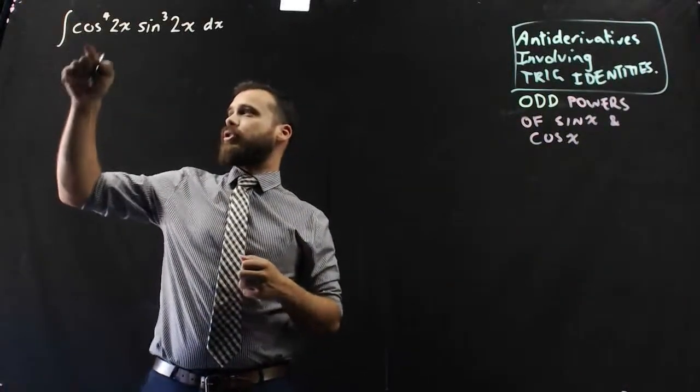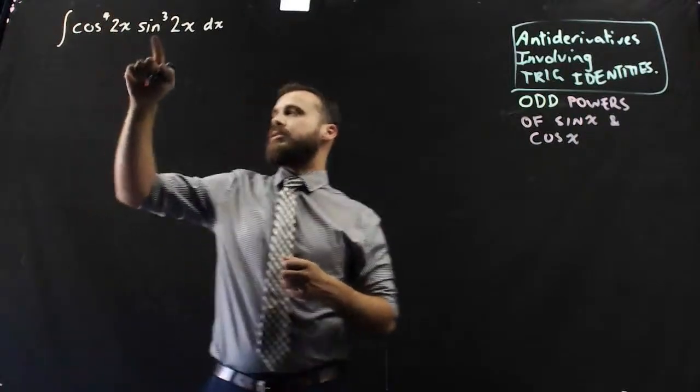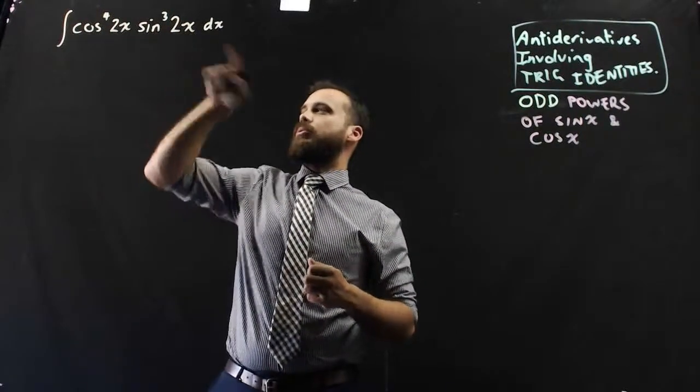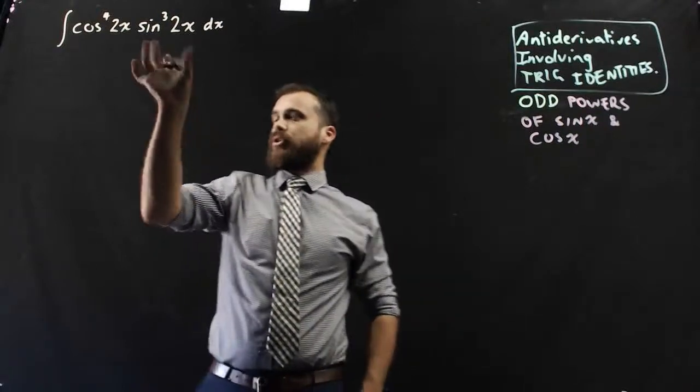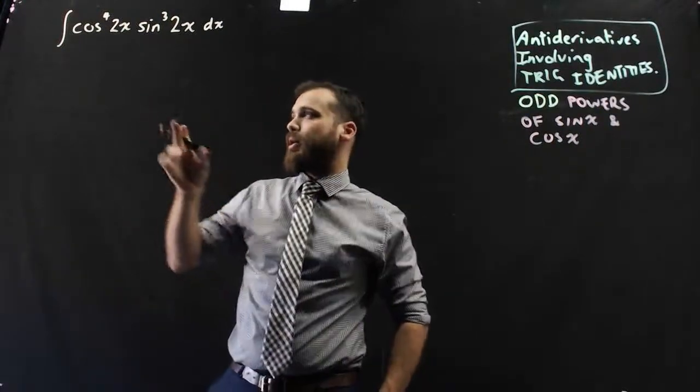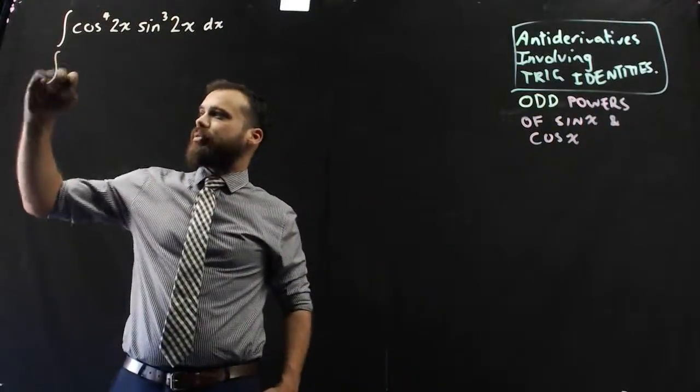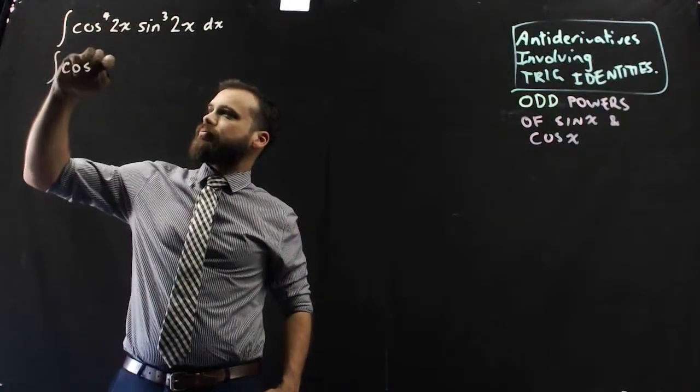The integral of cos to the 4 2x sine to the 3 2x with respect to x. Now we've got an odd power. Obviously we can't have an odd power, we need to get rid of it as quick as possible.